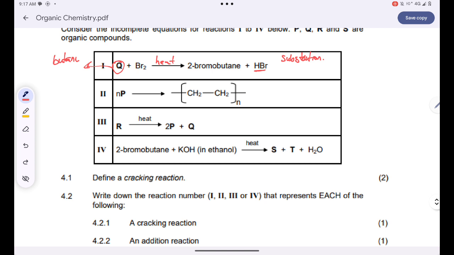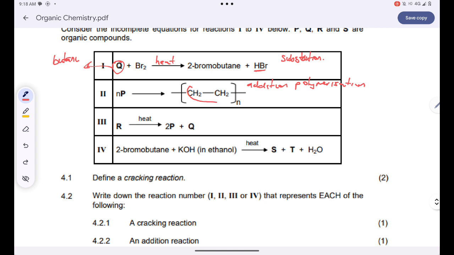Okay, and then for reaction 2, we are dealing with polymerization, and the type of polymerization is called addition polymerization. Are you together?